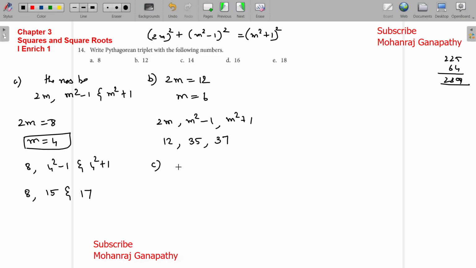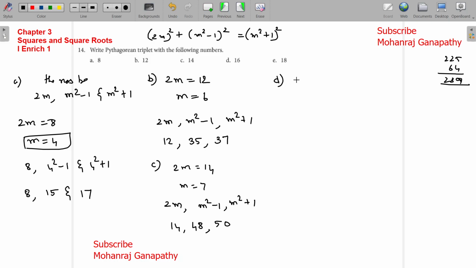Okay. Again, I'm going to substitute 2m as 14. M is equal to 7. So our numbers are 2m, m square minus 1 and m square plus 1. So 14, 49 minus 1 is 48, 49 plus 1 is 50.